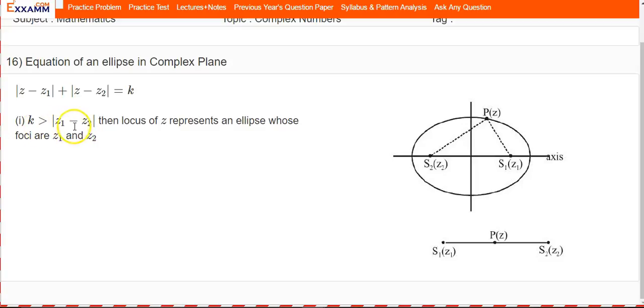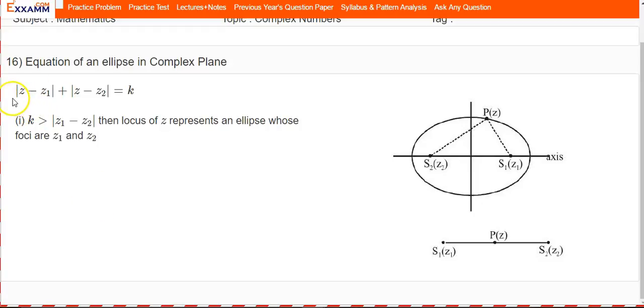If k is equal to modulus of z1 minus z2, if the sum is equal to modulus of z1 minus z2, then this would become a straight line. The P will trace a straight line and not an ellipse. You can also check this fact. It's a very simple but very important fact.